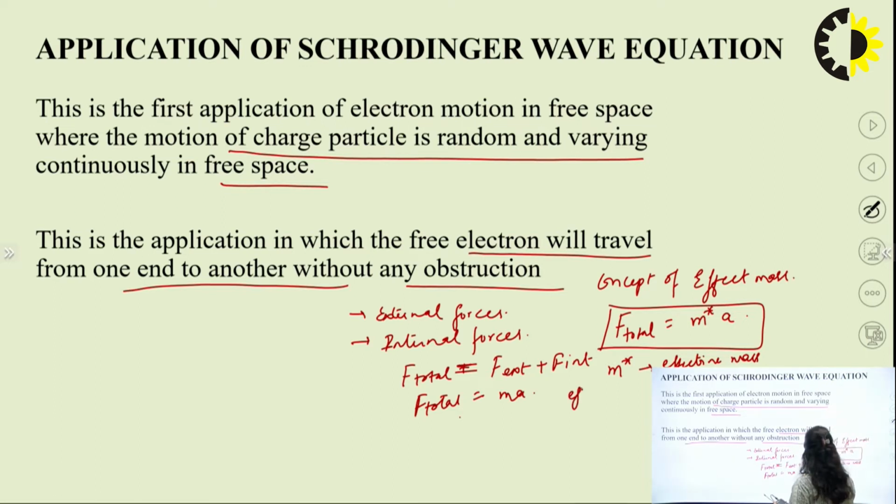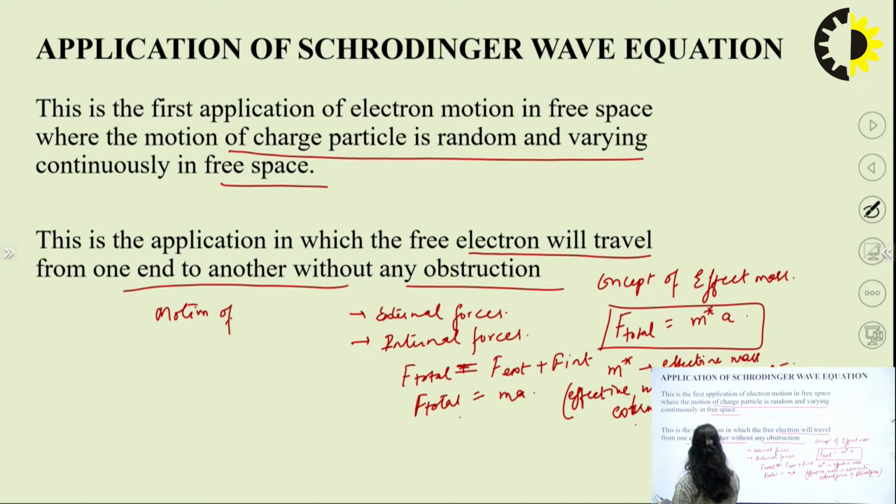This effective mass accounts for both. What both? It accounts for the external forces as well as the internal forces. So this is the case when the motion of electrons is in the lattice, in the bounded state.